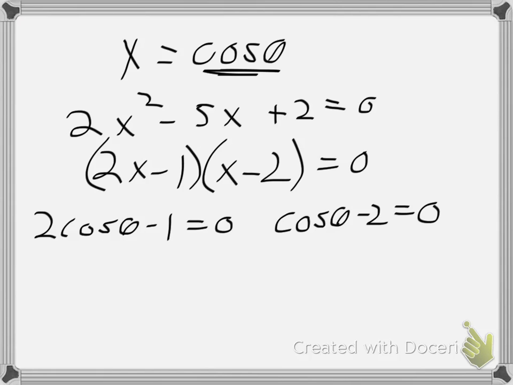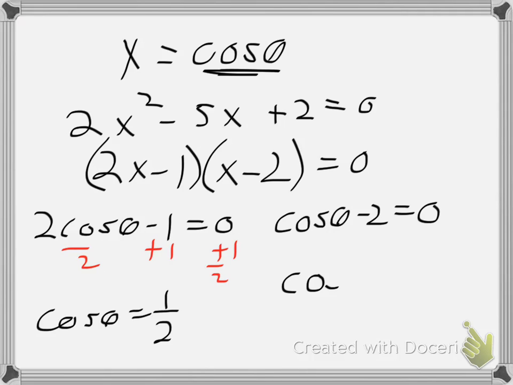Now when I solve each one of these, on my left side, I'll add 1 and then divide by 2. And now I'm left with cosine of theta equals 1/2. Here I'll add 2 to each side. I'm left with cosine of theta equals 2. Similar to other trig equations, from here I want to identify what angle or what radian measure gives me 1/2.